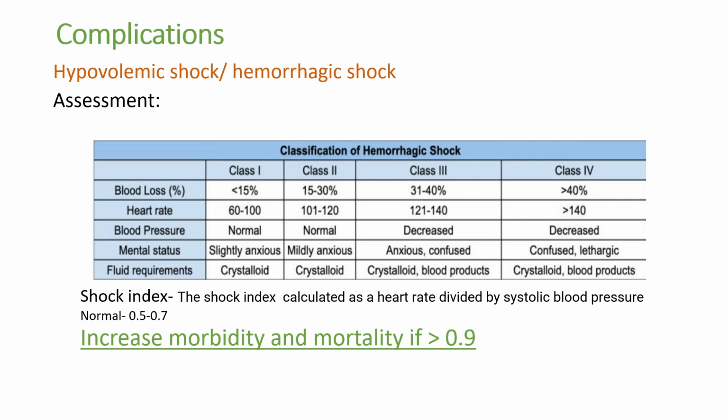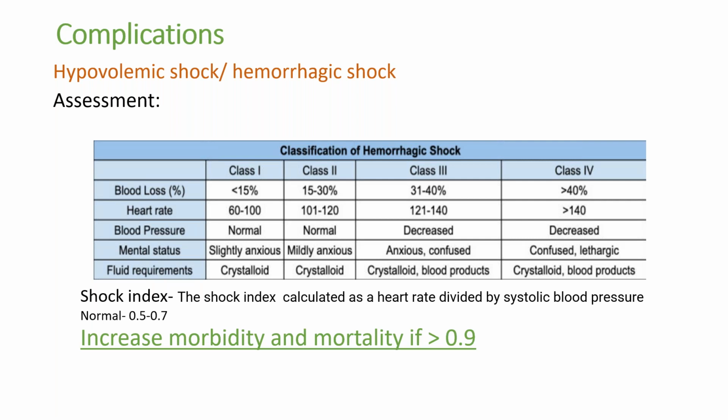As you can see in the table, tachycardia starts when there is 15 to 30% blood loss, with a pulse of 100 to 120. The pulse becomes 120 to 140 at 30 to 40%, and more than 40% means more than 40% of blood volume has gone.